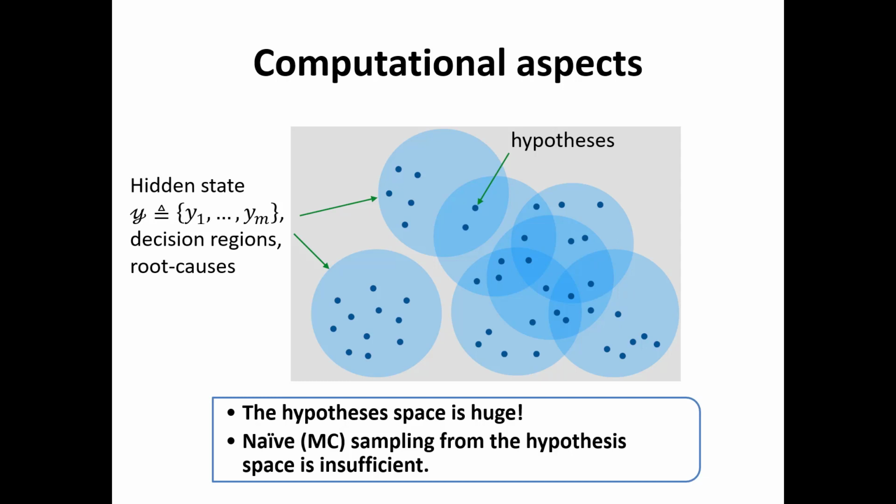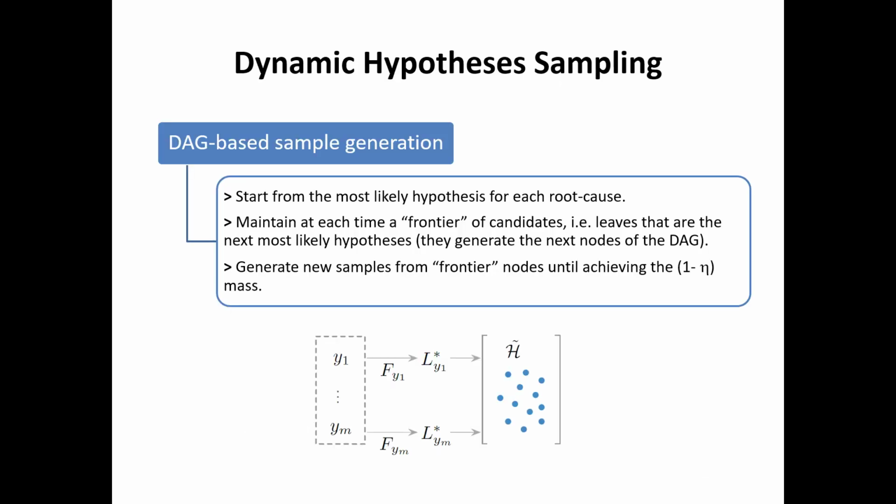If you remember, there are n different tests in the system, so the cardinality of the hypothesis space would be 2 to the power of n. However, enumeration of this number of hypotheses can be very inefficient or impossible in many cases. On the other hand, naive or MC sampling cannot be so useful here.